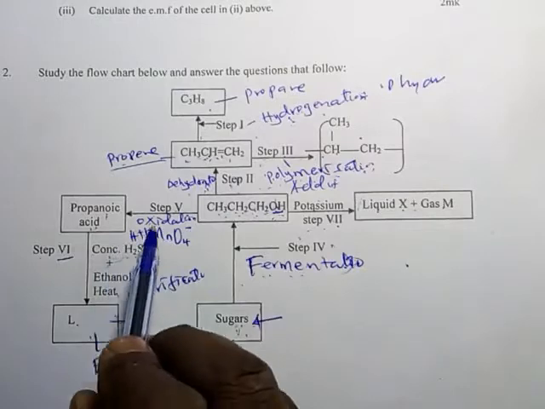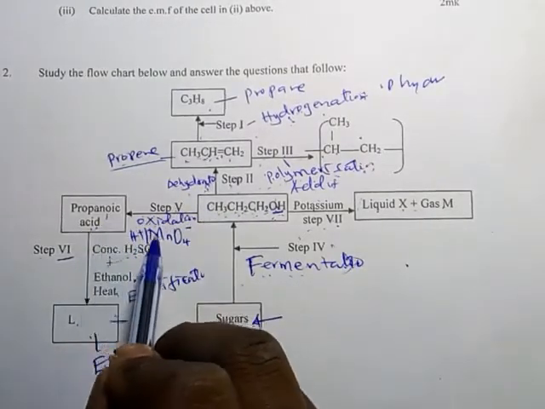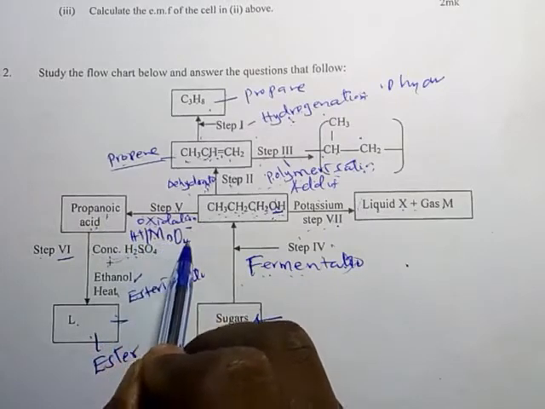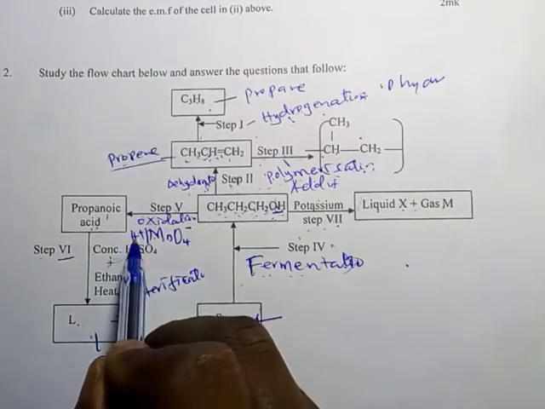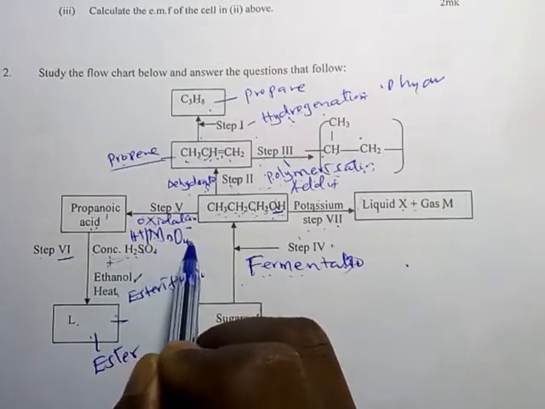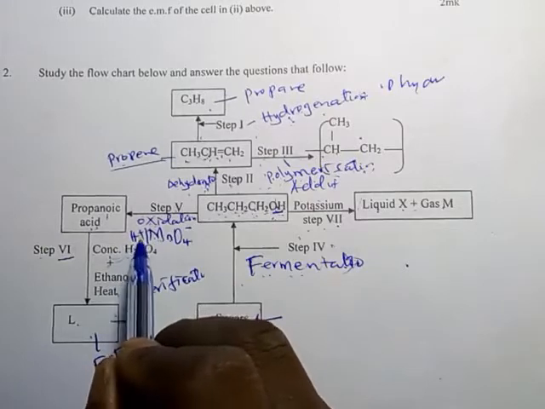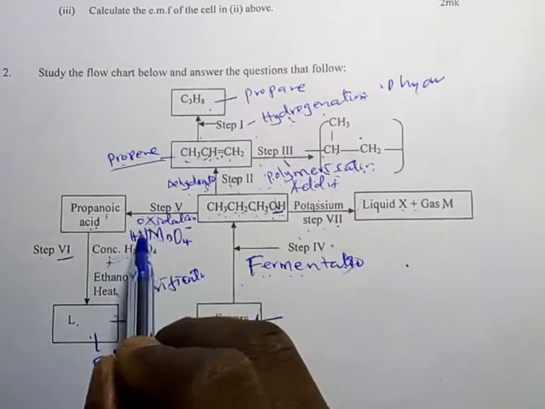Step 5, it is oxidation, and oxidation requires acidified potassium permanganate. Because it is acidified, we use sulfuric acid and potassium permanganate. So the reagent is potassium permanganate. The condition is that we need sulfuric acid because we need it to be acidified.